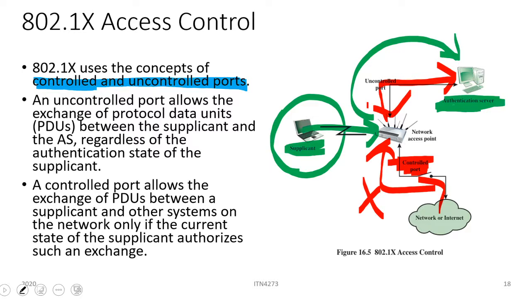But for the rest of the network, they should be explicitly allowed as part of the authentication process, as part of access control. They should be given explicit connection or permission to connect to the network or the internet. So that is the main difference between controlled and uncontrolled ports. And only based on that, the devices can connect to different parts of the network.